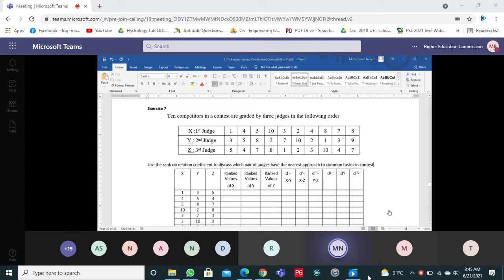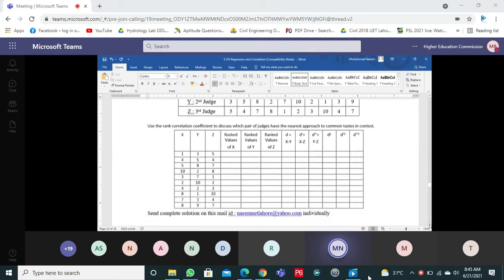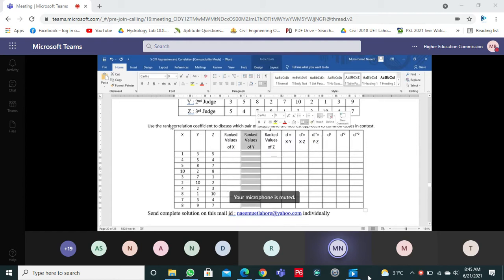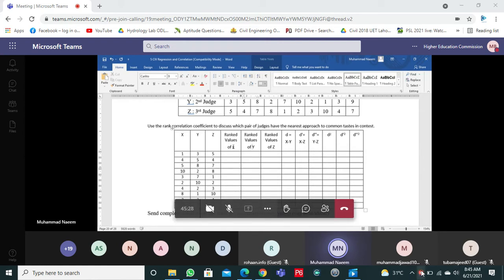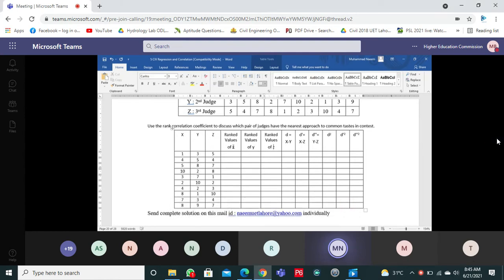So how to proceed? We will find a rank correlation pairwise. Before finding the rank correlation pairwise, first assign ranked values to the original values of x, y, and z, and denote these ranked values by small x, small y, and small z.